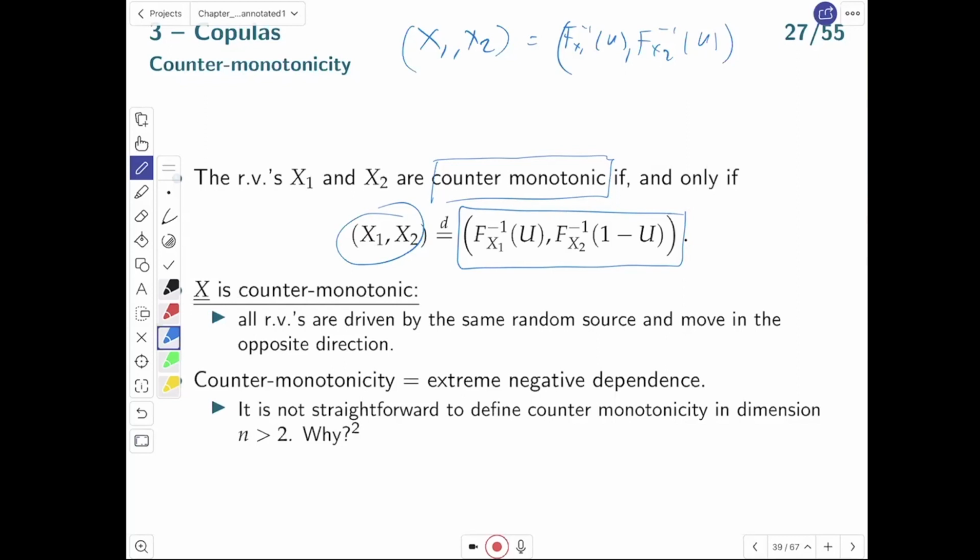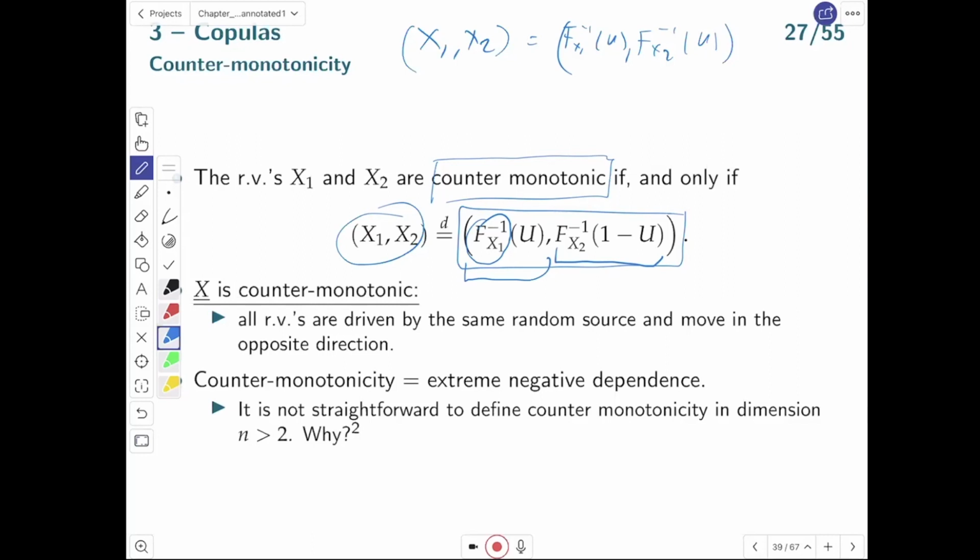However, with counter-monotonicity, the first component is a non-decreasing function of U, but the second component, because you have 1 minus U, is a non-increasing function of U. So if U is increasing, your first component will increase, and your second component will decrease.